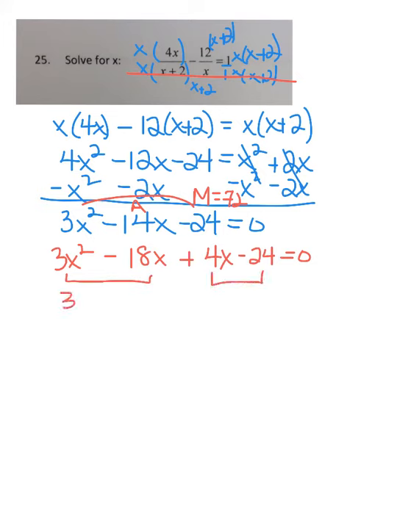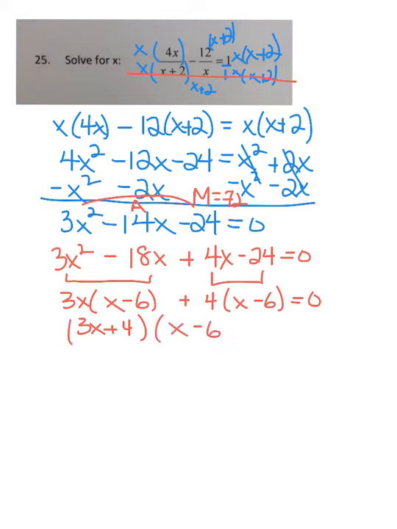If I take out a 3x, I have x minus 6. And over here on the right, I'm going to take out a 4, and I'm going to have x minus 6 again. So I have 3x plus 4 in one set of parentheses, and I have x minus 6 in the other. So there it is factored.